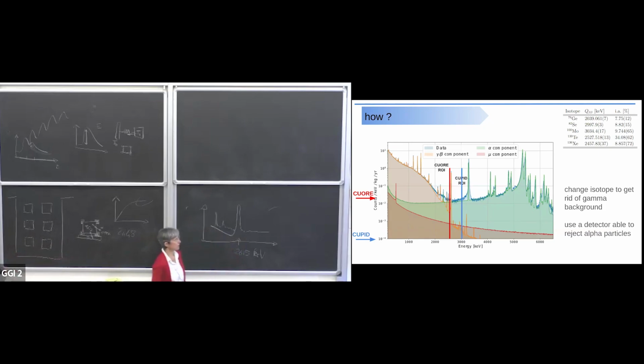This is the background model of CUORE, the reconstruction of the background. The background, sorry, is the physical data. We generally call it background because all the events that are there are background, if we don't see neutrinoless double beta decay. So we made this fit that I discussed a few slides before.